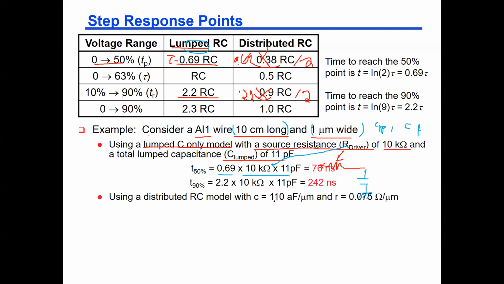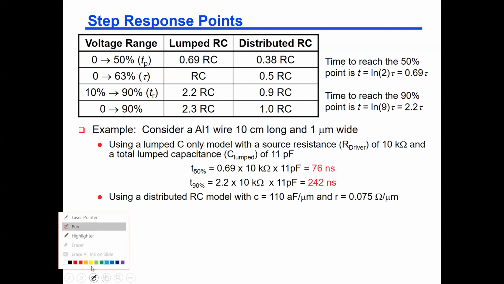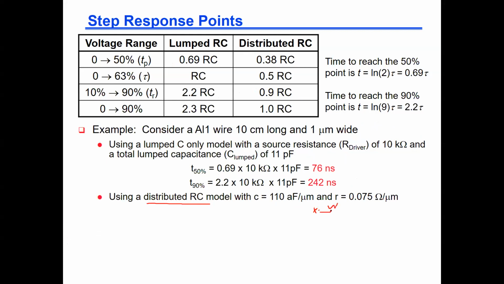Now the second assumption, he's asking me to find the distributed RC model, but this time he does not tell me I have an R driver. He is just trying to look for the wire delay, and he is just assuming that it's going to be blocks of R and C, and he wants to find the delay across this wire.